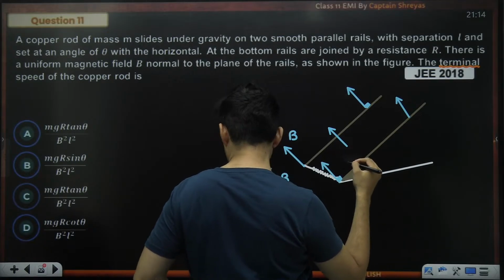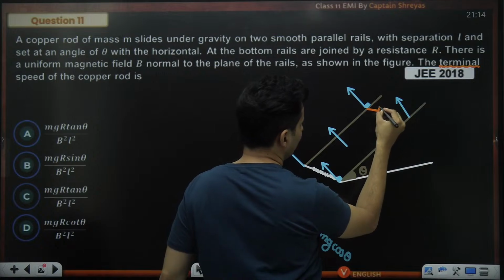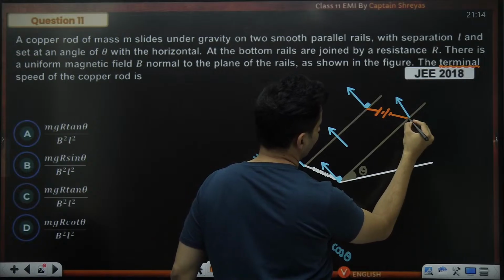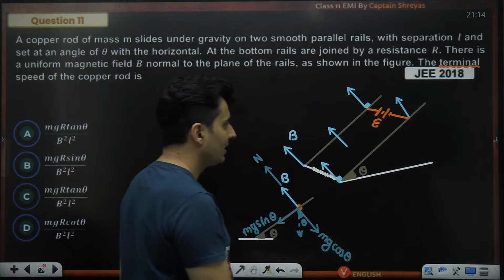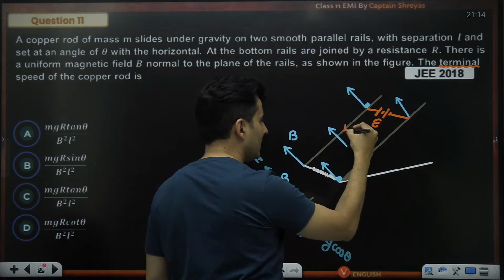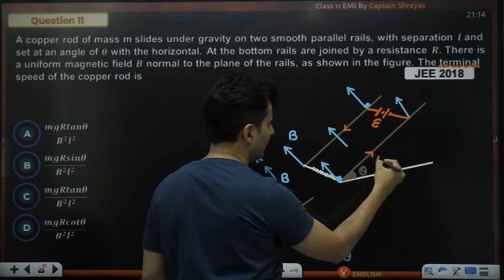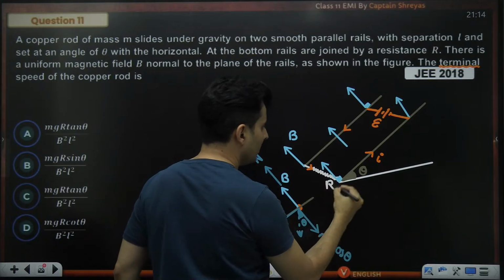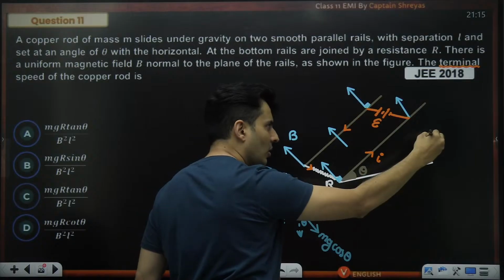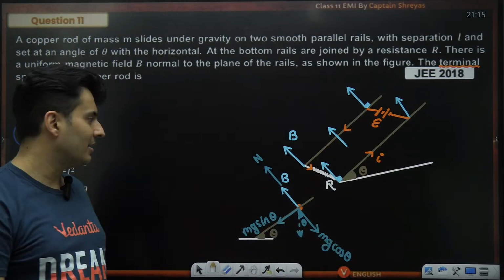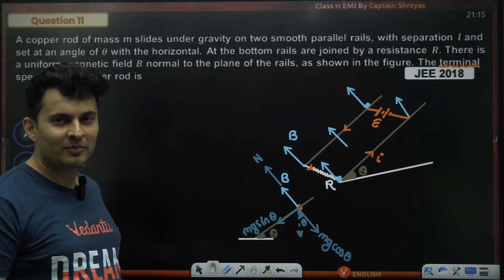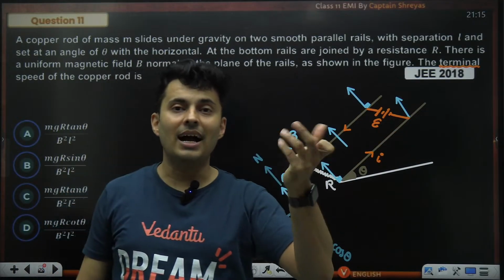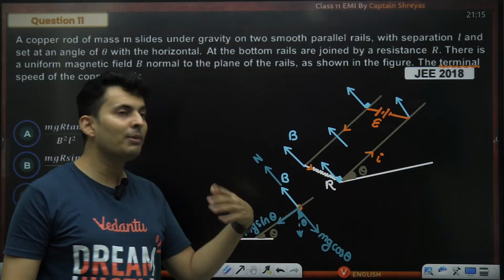Think of it like a battery of some EMF, and that EMF is creating some kind of current over here, and there is obviously some resistance. Because of that current, this rod is experiencing a force of ILB. Imagine a current carrying wire in a magnetic field experiences ILB force, and that is the force which might be balancing it.